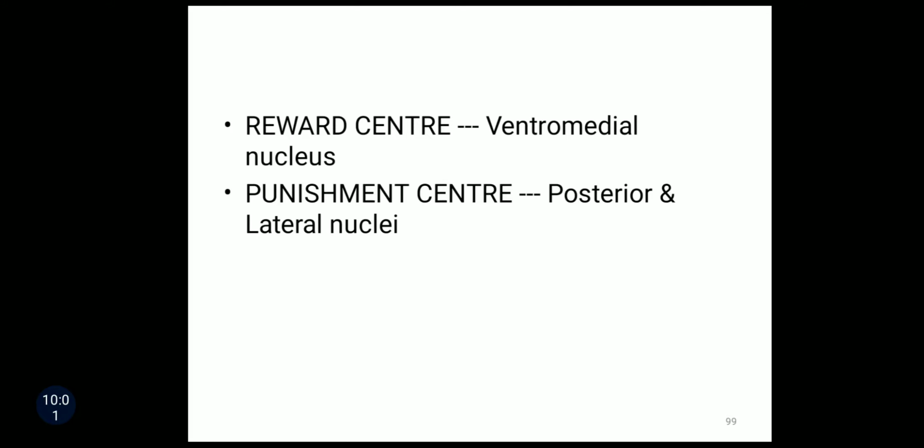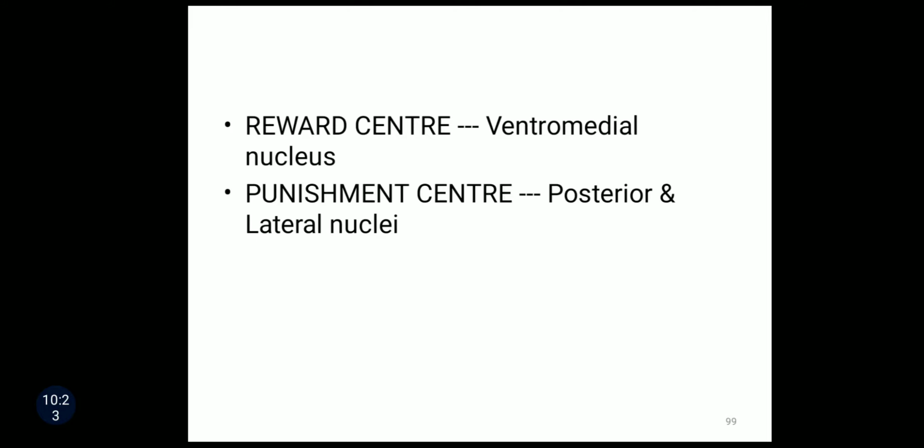Whenever this center is stimulated, it will cause satisfaction. A person will feel satisfied and happy. If a person does something and feels happy about it, it means his reward center is stimulated.